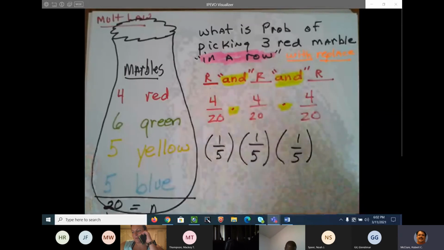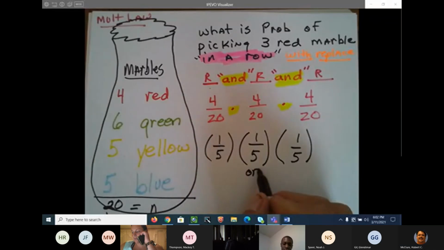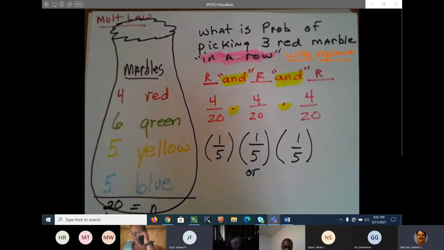Some of you, can you remember how do we rewrite this? What is it when you multiply something by itself? That means I want y'all to interact. You raise it to a power. Yep.